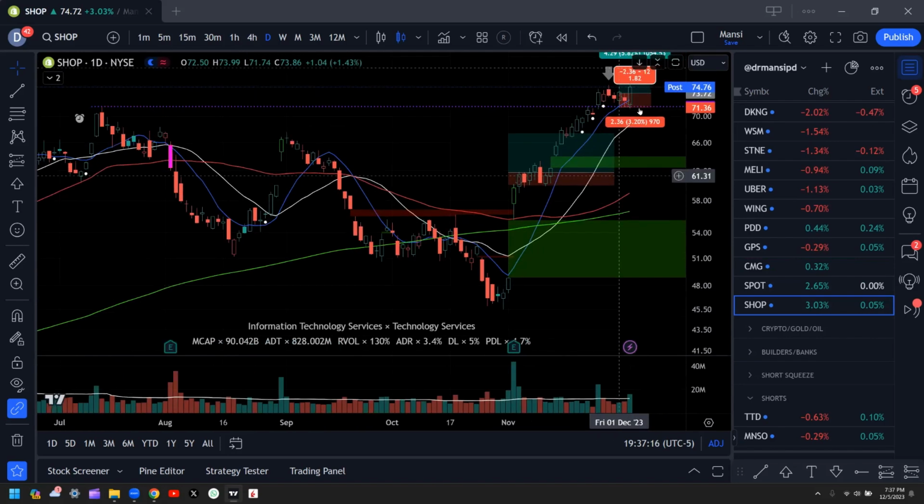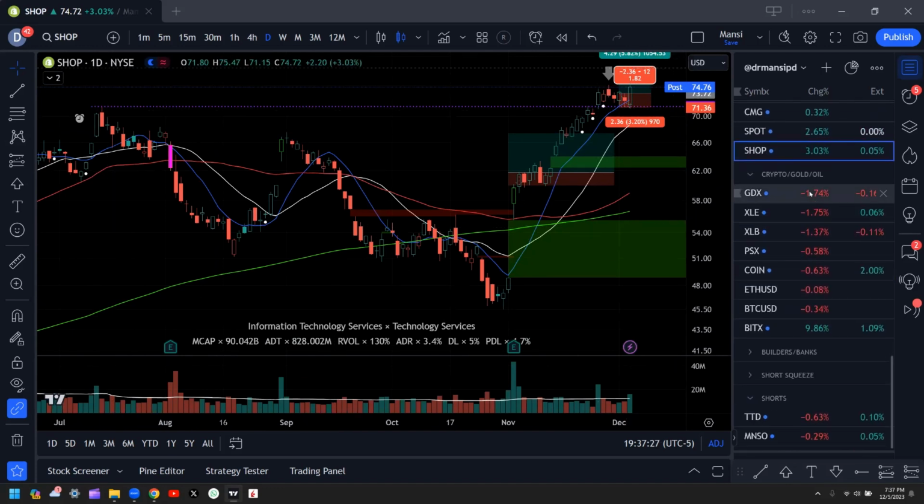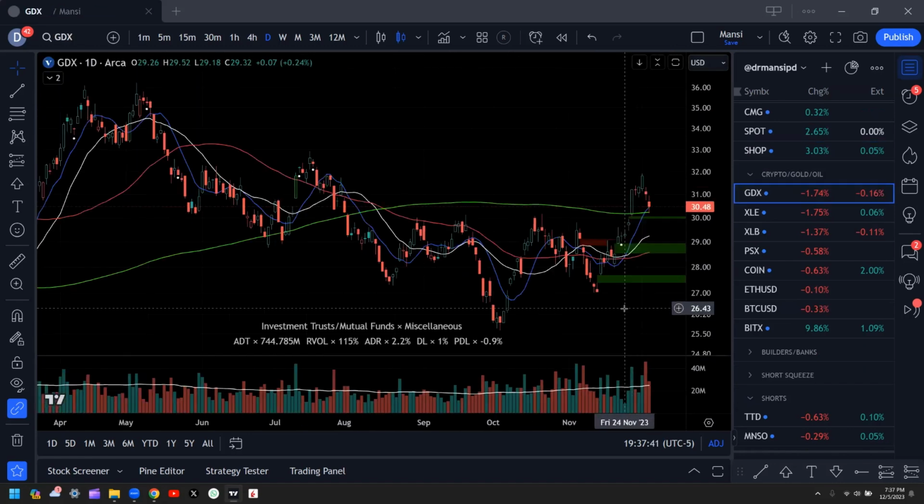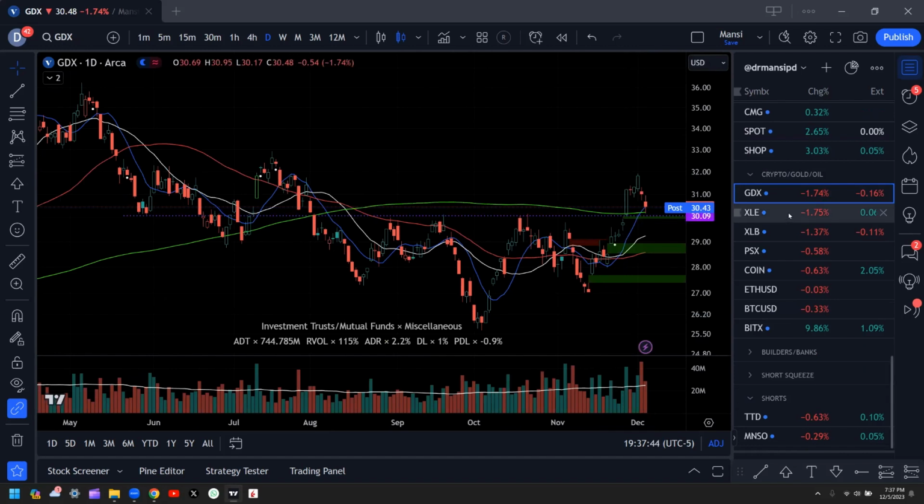It's just a bit too extended for me, though I did like the fact that it found support on the previous resistance level, but still couldn't get myself to buy it. And as I mentioned, the reason for that is because if this failed in my post analysis, I would just be cursing myself saying, oh, you should have stuck to the rules, Mansi, what were you doing? And so I just think it's easier to skip it rather than yell at myself when I lose money on it.